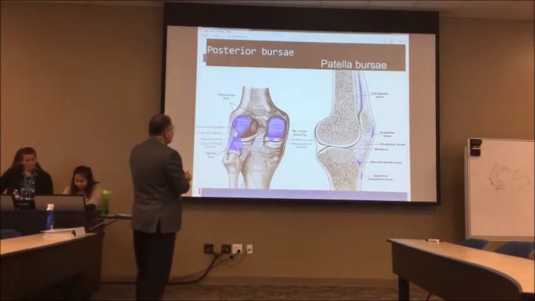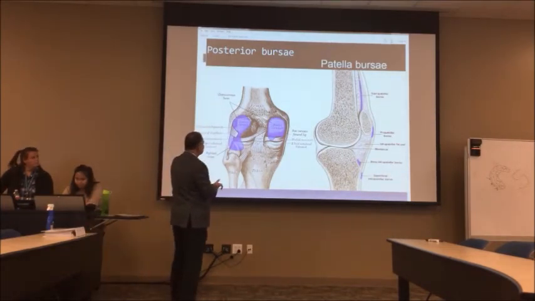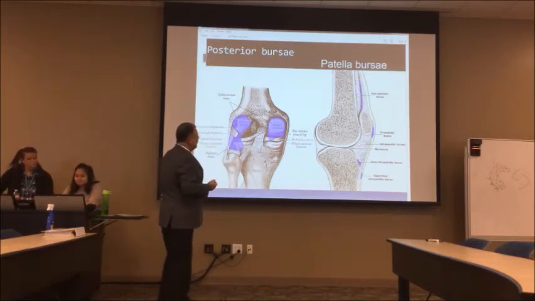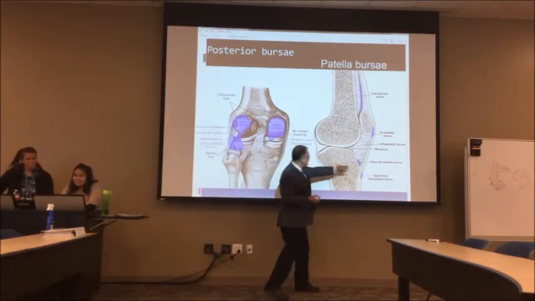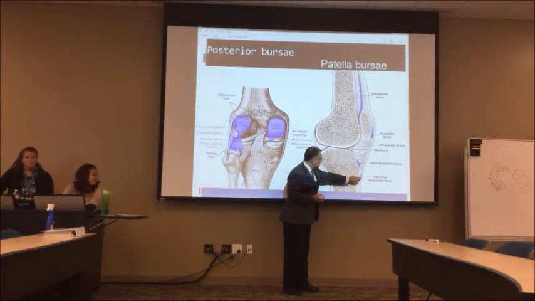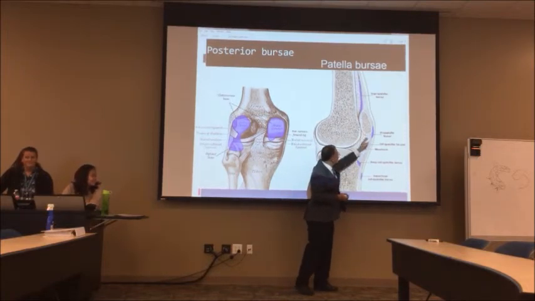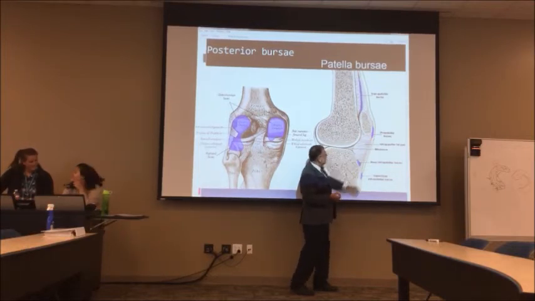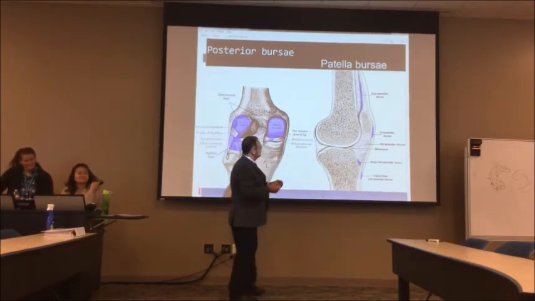So just a reminder to go over in your slides where the different sites of the bursas are located: the deep infrapatellar, the superficial infrapatellar, infra because it's underneath the patella, but you have the prepatellar bursa, which is very common, and the suprapatellar bursa.